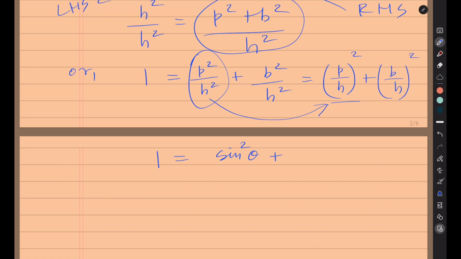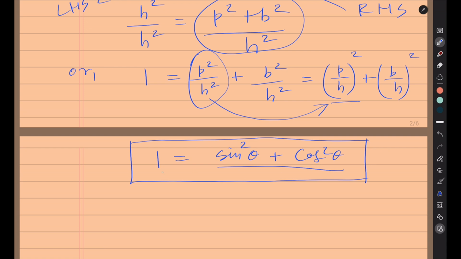And in a similar fashion, b by h is nothing but cos theta, so b by h whole squared is cos squared theta. So this is another formula, you can say, or a kind of relationship, that in any right angle triangle, if we square sine theta and we square cos theta and add them together, then we will get 1.